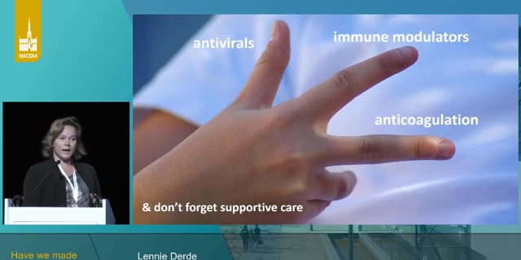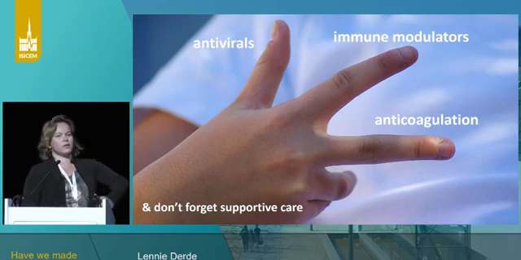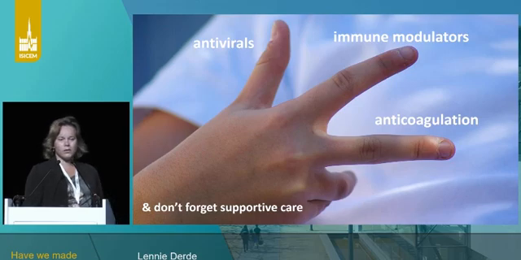Zooming in on the actual compounds that have been investigated for COVID-19, if we try to summarize all the talk so far, the three pillars of treatment for COVID-19 patients in the ICU are antivirals, immune modulators, and anticoagulation. We haven't heard a lot about anticoagulation, but everybody who's treated a COVID-19 patient in the ICU knows that thrombosis is a big problem in these patients.